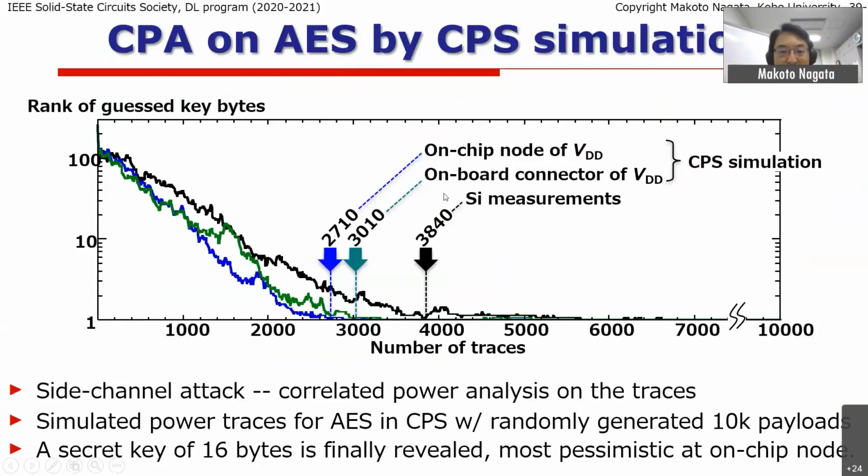And the onboard connector quite similarly gives you the necessity of these 1300 different plain texts. And the measurements, in this case, 38. So those three are almost identical, or almost the same. So that means the simulation is of good quality, or good accuracy, in comparison to the silicon measurements.